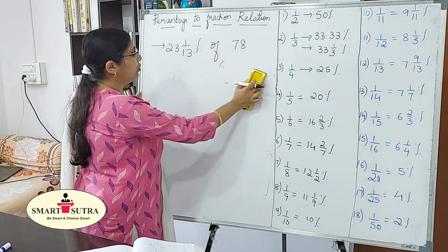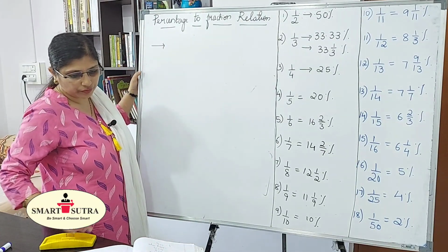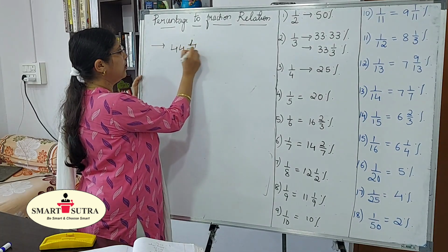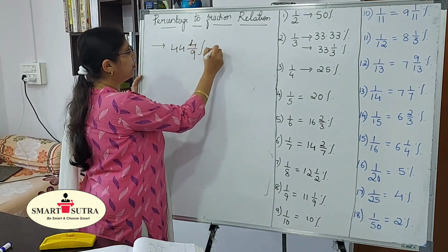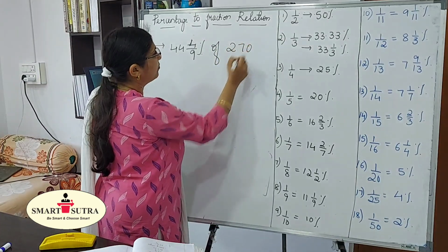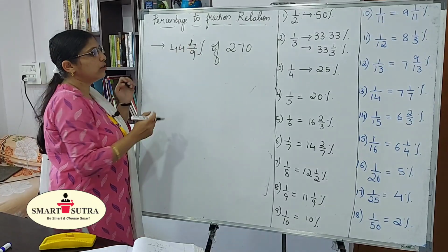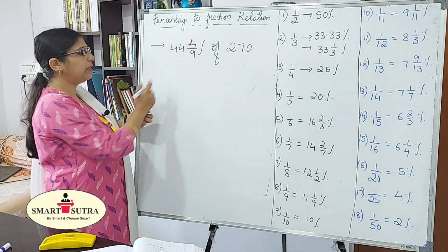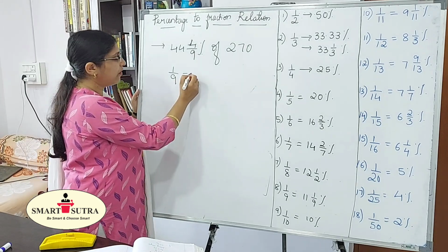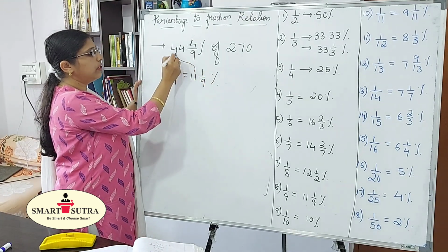We'll solve one last problem. 44 4 by 9% of 270. Now, when you look at this, you can say it is a multiple of 1 by 9. 1 by 9 is nothing but 11 1 by 9 percent. So how will 11 be related to 4?